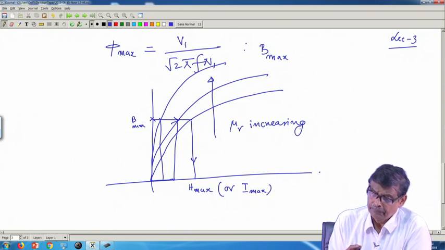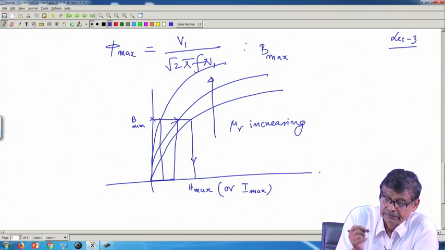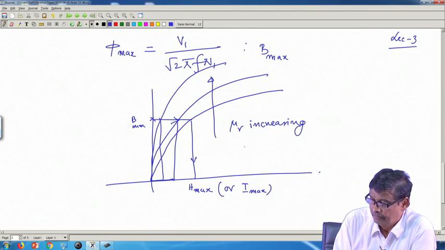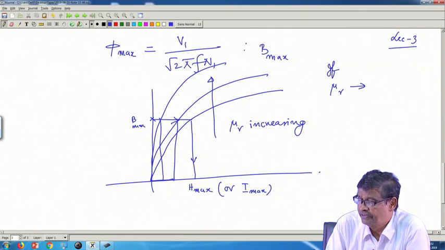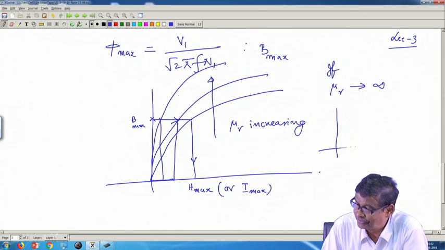Therefore, if the magnetic material is very highly permeable, if mu r tends to infinity, very large, that is this curve will become almost like a vertical line.